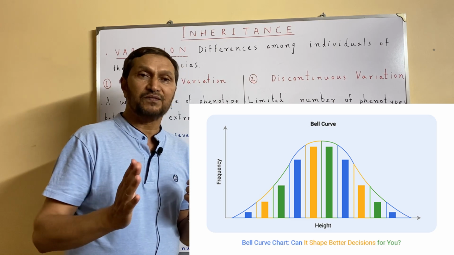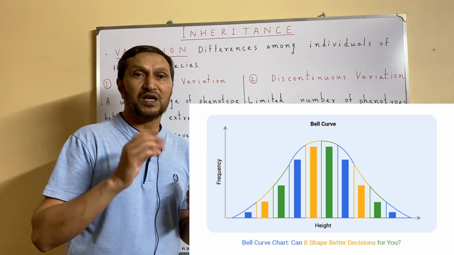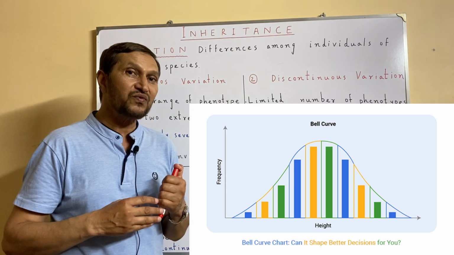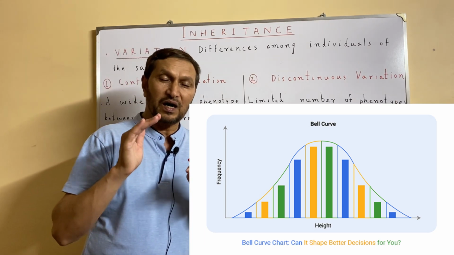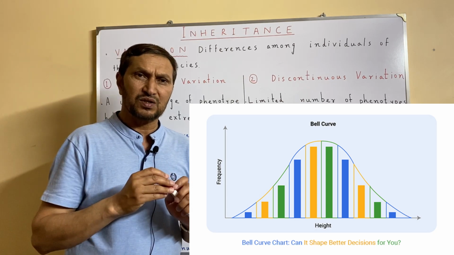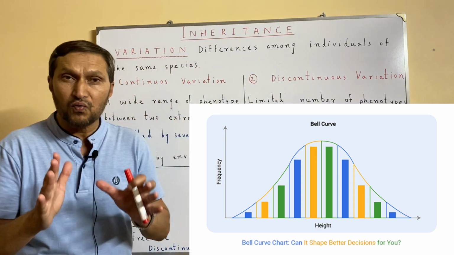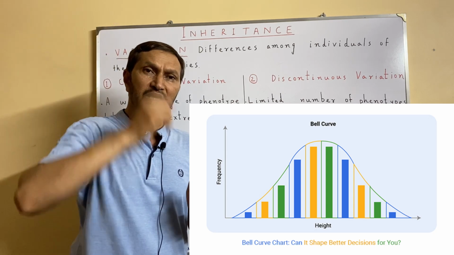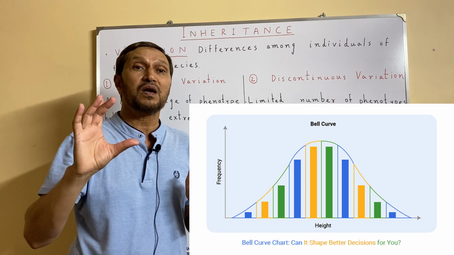Because most of the individuals fall in the medium category. For instance, if we are talking about height, which is continuous variation, most people's height is average, for example 5 feet 8 inches. And the people who are extra tall, like 7 feet or 8 feet, are very rare. So their frequency and number is very low.